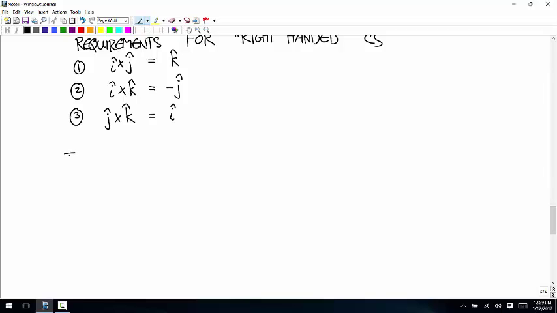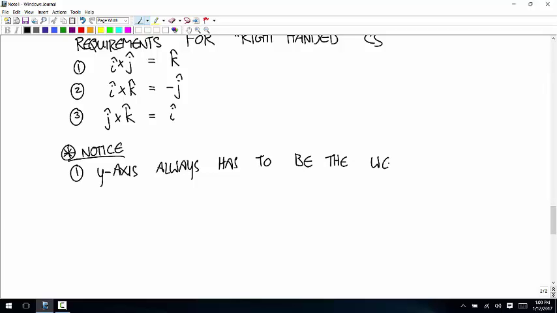A few things to notice about cross product. First, the y-axis always has to be the weird one. So don't forget to make the y-axis negative if you're doing the cross product by hand or using that formula.